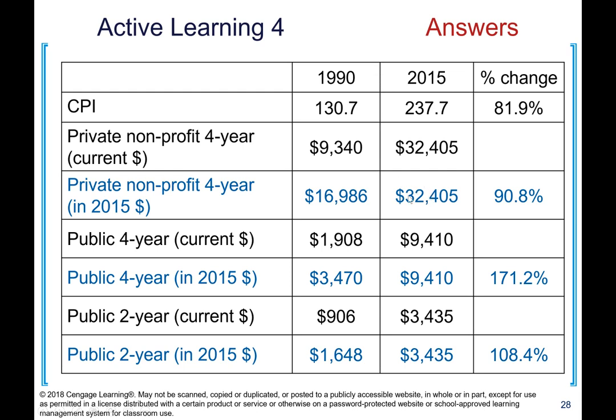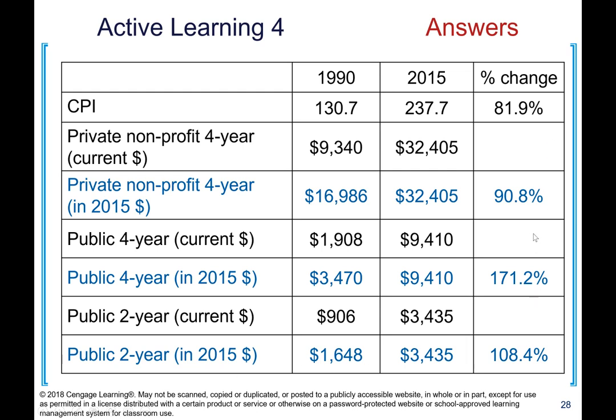So you find the percentage change, which is 32,405 minus 16,986 divided by 16,986, and thus we find a 90.8% increase. Okay. And for a public four-year college, the increase in tuition is 171%. And for a two-year college it is 108%.